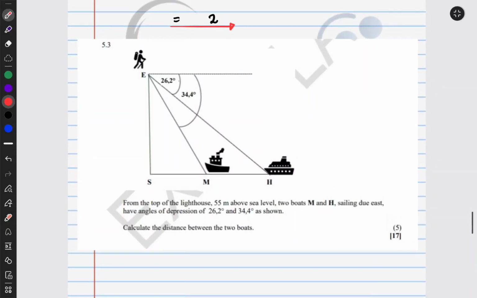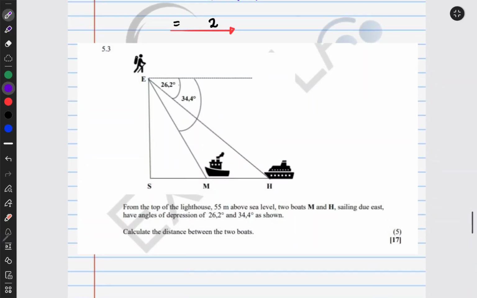So in other words, this angle here is also 34.4 degrees, alternating angles, and this angle here is also 26.2 degrees.